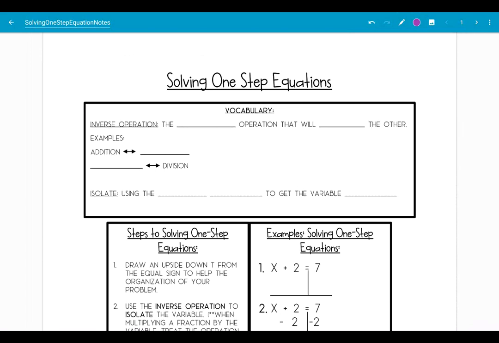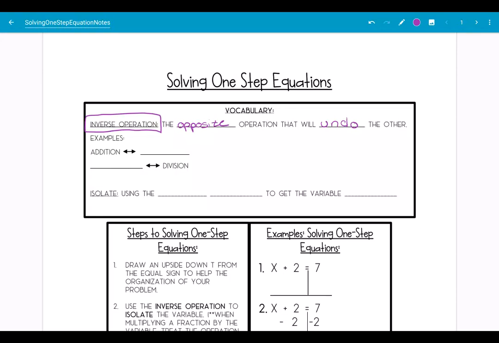One of our first vocab words to think about is inverse operations. An inverse operation can be thought of as the opposite operation that will undo another. So when we're solving, we need to make sure we use these inverse operations that undo what we see in a given equation.